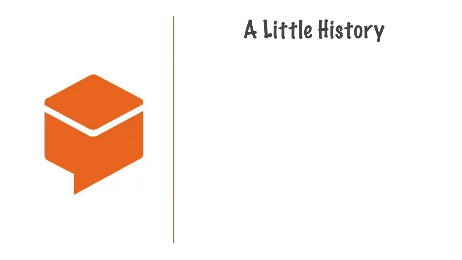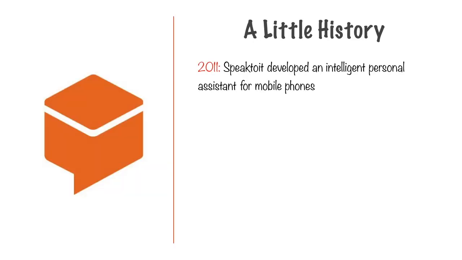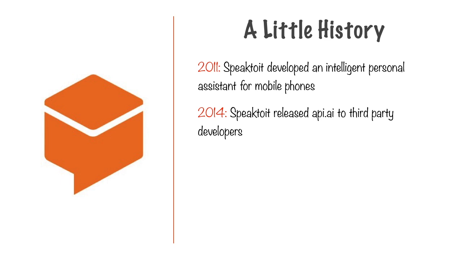Let's take a little walk through time and understand how Dialogflow came to be. Back in 2011, a company named SpeakToIt developed an intelligent personal assistant for mobile phones. This personal assistant worked on Windows, Android, as well as iPhone devices. Now, this personal assistant was popular and based on very cutting edge machine learning technologies.